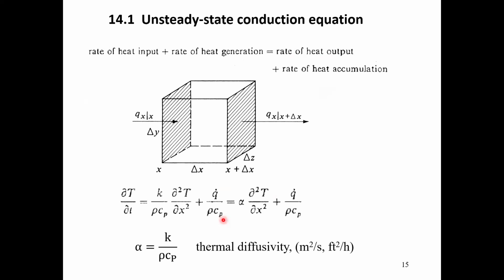You can see here that unlike the Fourier's form you saw previously, you didn't have a time variable in there. But this is a partial differential equation where temperature changes with time as well. Then we also introduce a new term called thermal diffusivity.